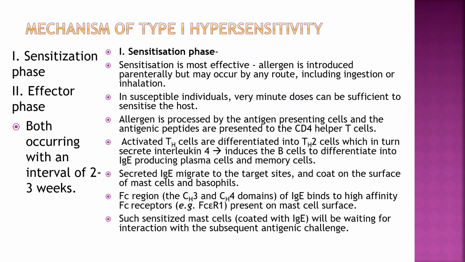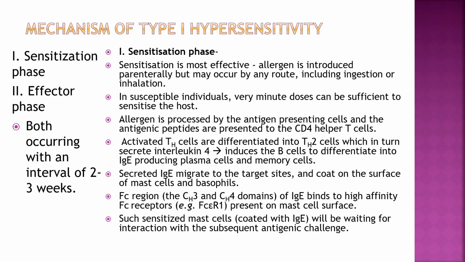The allergen is processed by antigen presenting cells and the antigenic peptides are presented to CD4 helper T cells. Activated Th cells differentiate into Th2 cells, which in turn secrete interleukin 4, inducing B cells to differentiate into IgE producing plasma cells and memory cells.